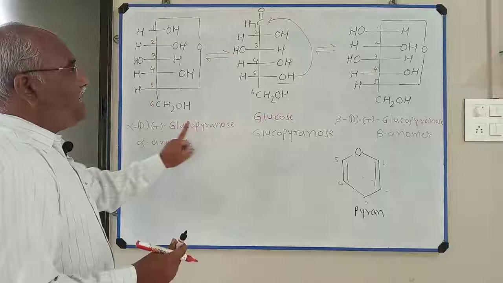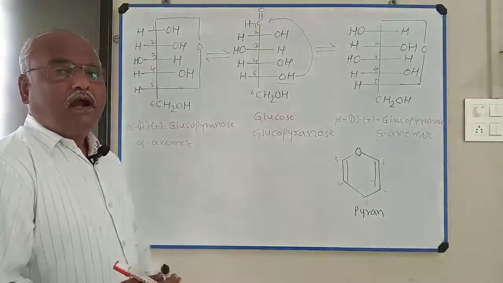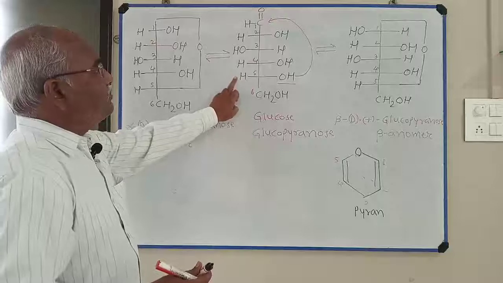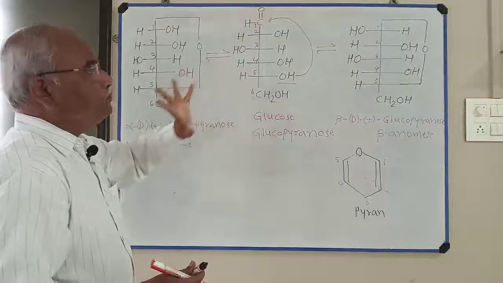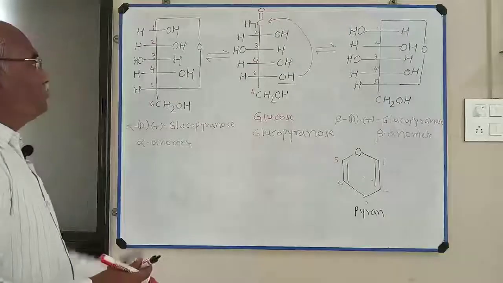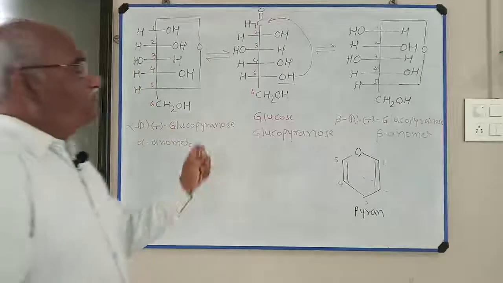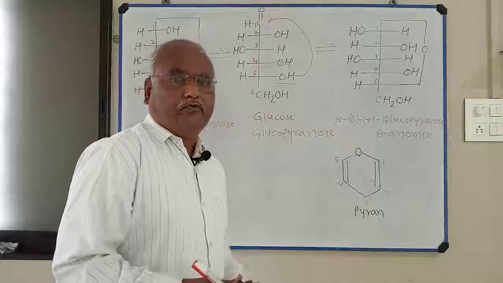Alpha and beta anomer are in equilibrium with the open chain structure or Fischer structure of glucose. So this is the cyclic structure suggested for glucose.